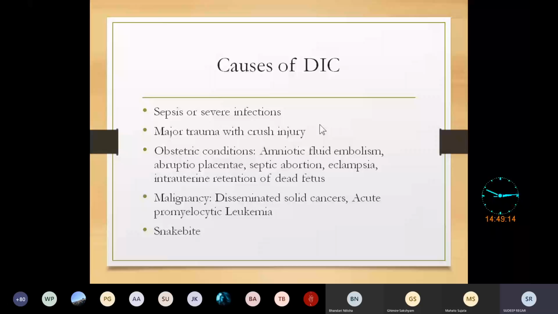And malignancy like disseminated solid cancers or acute leukemia, where acute promyelocytic leukemia is the most common. And then snake envenomation. So these are the major causes of DIC. There can be other causes which might lead to DIC and which are not stated here.